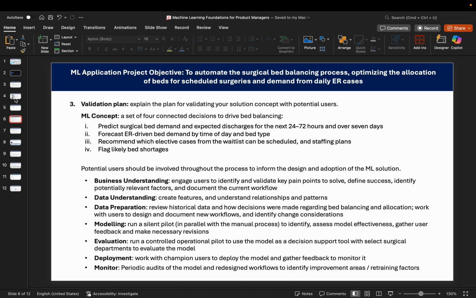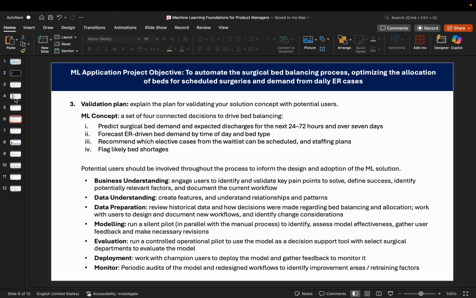In terms of modeling, running a silent pilot in parallel with the manual process, so kind of like an A/B testing to identify and assess the effectiveness of the model early on, and gather user feedback to make any necessary revisions before a controlled operational pilot is held in the evaluation phase.